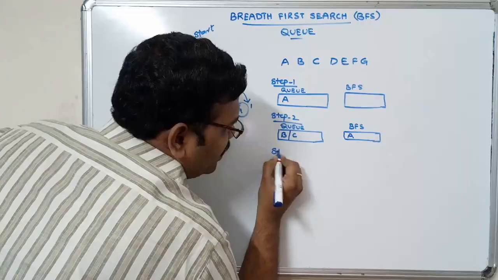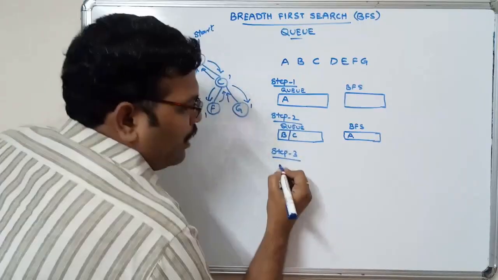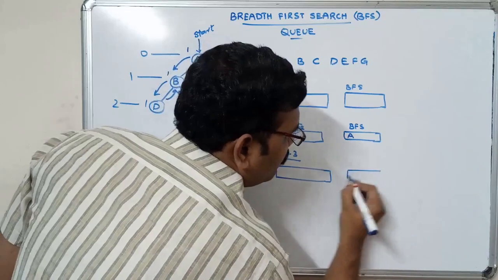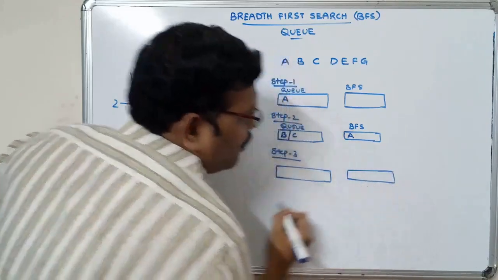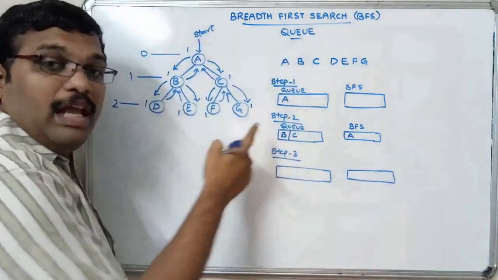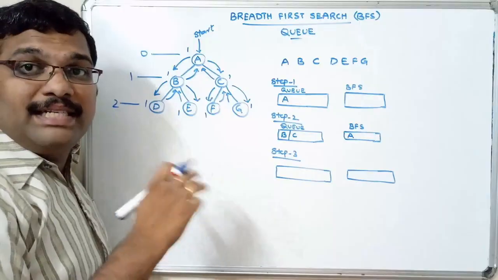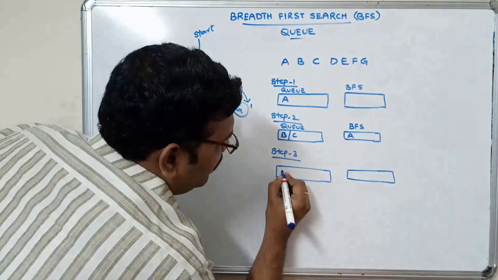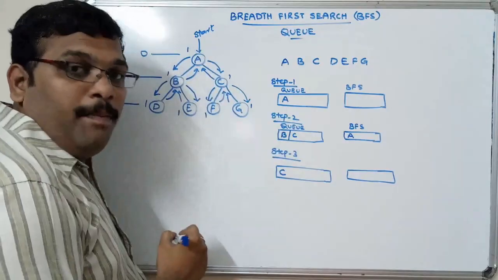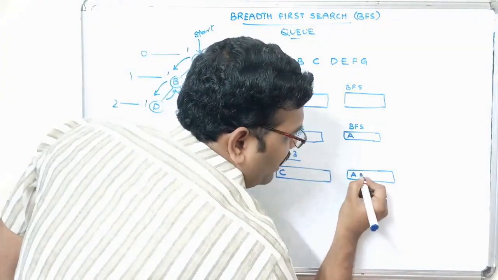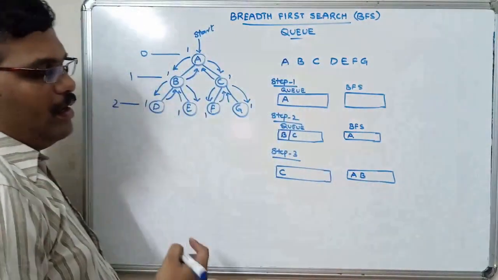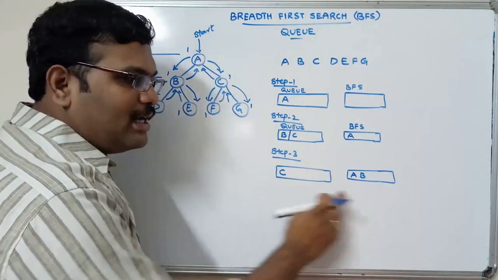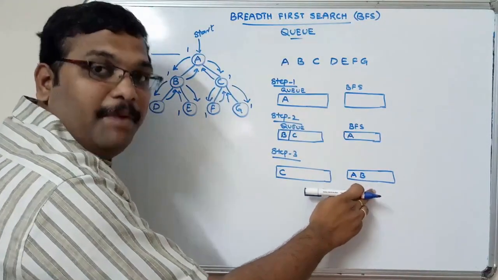In step 3, remove the element from the queue. Here we have to remove the element from the front end and insert the element at the rear end. So B is removed and placed here, A, B. Now we have to insert all the adjacent nodes of B into the queue.